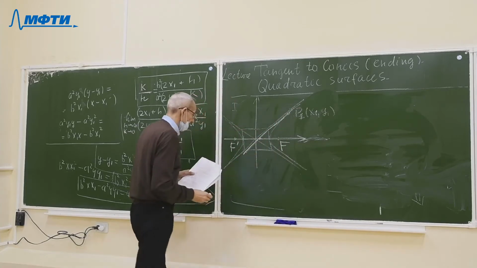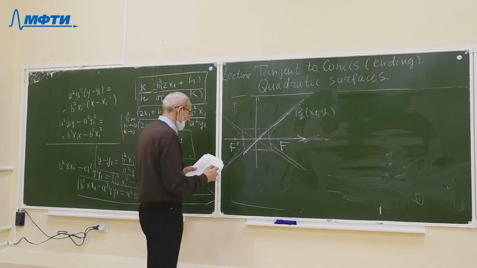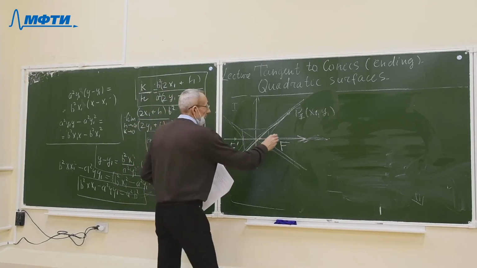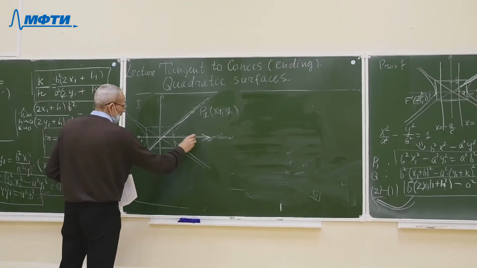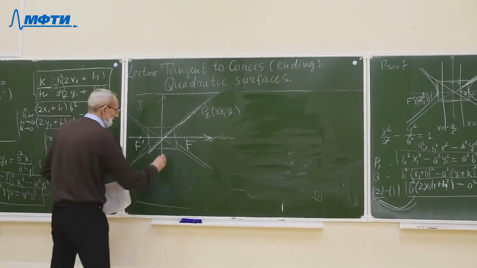We have the point of intersection of the tangent straight line and axis OX.